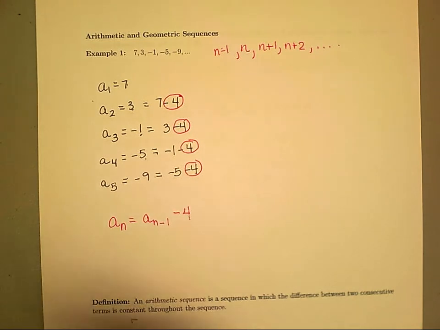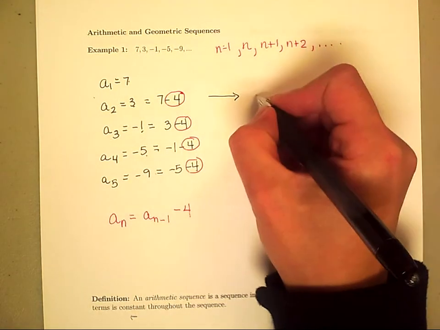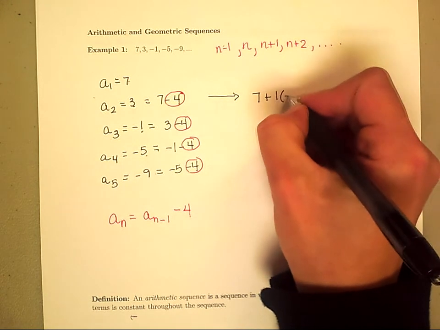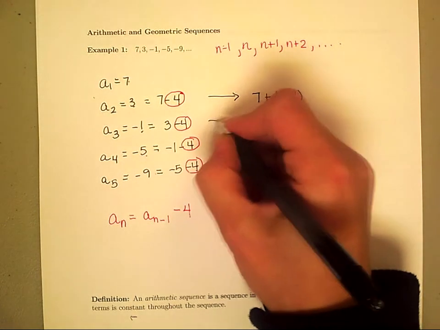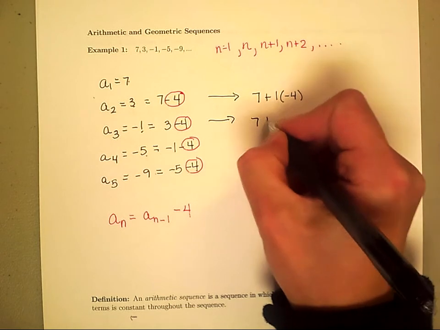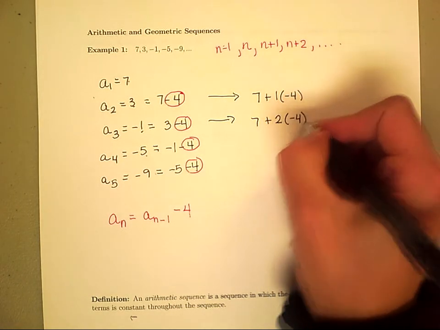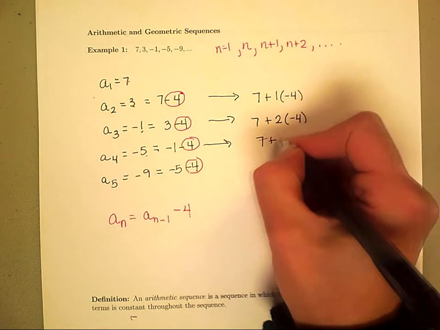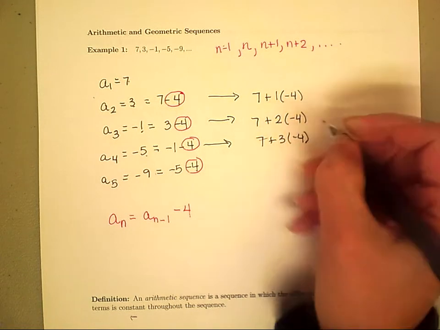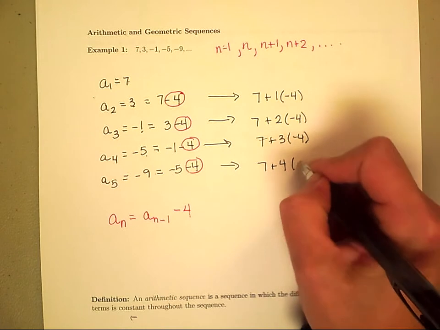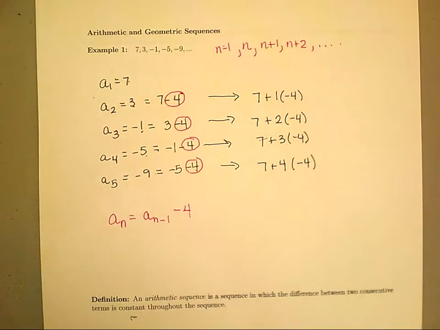Now, we could also think about it this way. This is 7, our starting number, plus 1 times minus 4. This is 7 plus 2 times minus 4. This is 7 plus 3 times minus 4. And this is 7 plus 4 times minus 4.